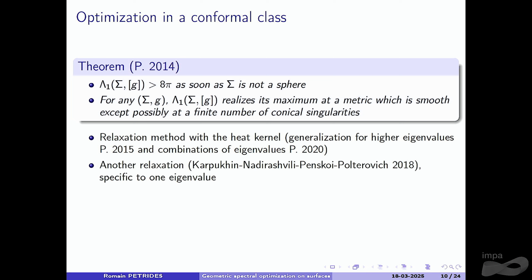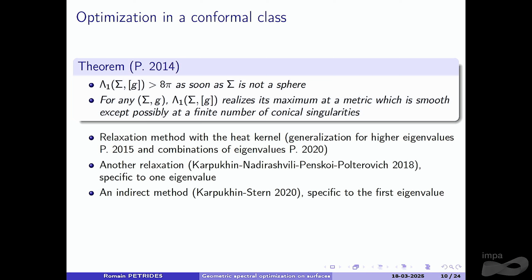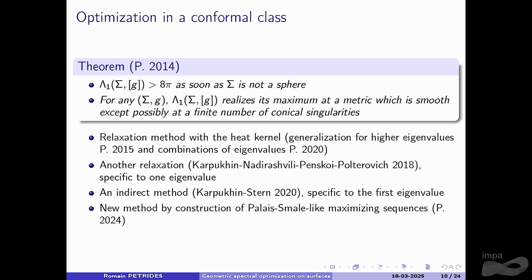There is another relaxation method that was used after, a method by Karpukhin and Stern, which is a kind of indirect method associated to another characterization of the first eigenvalue. And I would like to explain to you a new method, which is based on the construction of Palais-Smale-like maximizing sequences. So let me explain that.